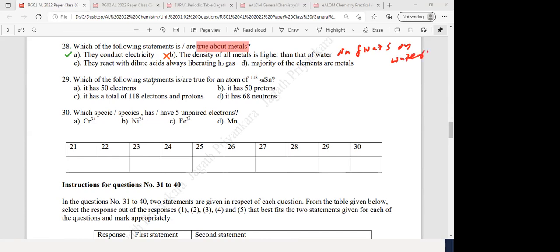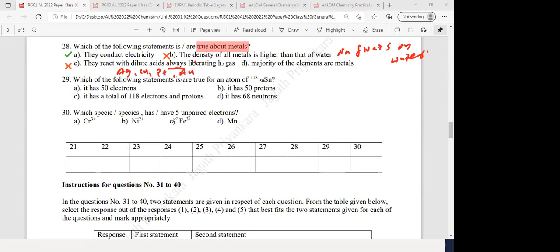They react with dilute acids always. With the word always, be careful. In the exam, always, mostly, sometimes, so we have to be careful. Why is this C wrong? Can you give me an evidence? One of the best examples: silver, copper, platinum, gold.